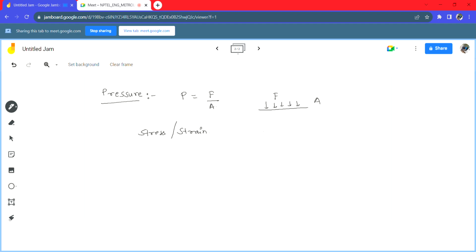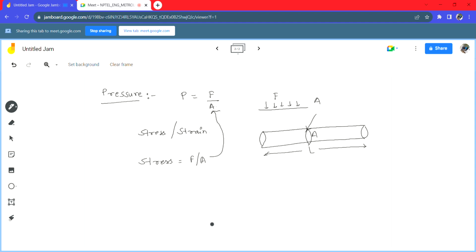So say I have a cylindrical pipe of length L, and this has a cross-sectional area of A. Now if a force is applied to this particular point, then we calculate stress as F by A, which is almost similar to the pressure that we defined, or exactly the same, rather than saying it to be similar.